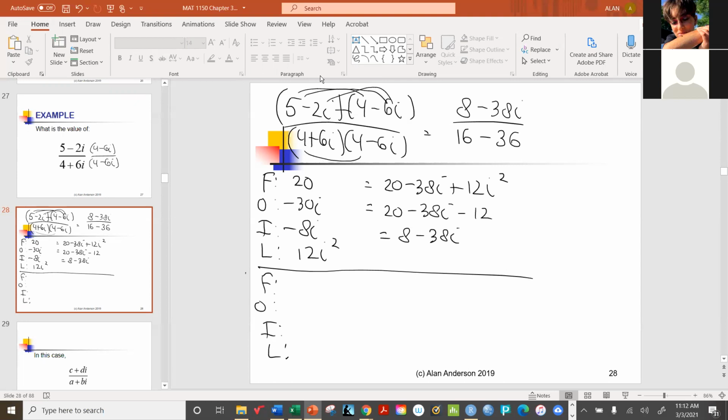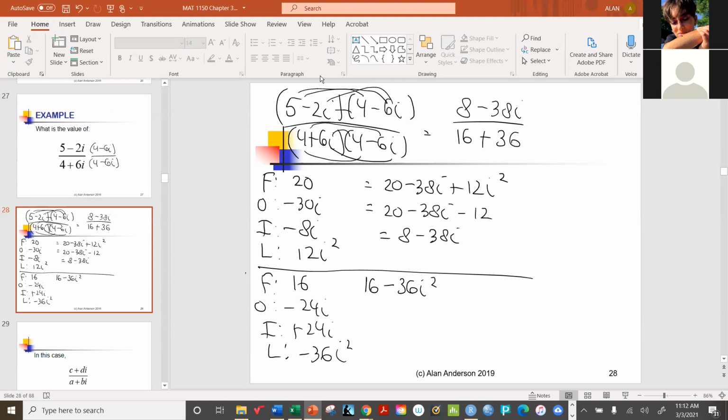So you'll have 16 for F. O is minus 24i. The inner term is positive 24i. And the product here is minus 36i squared. Okay. So we have 16 minus 30. Oh, it's not minus, it's plus.